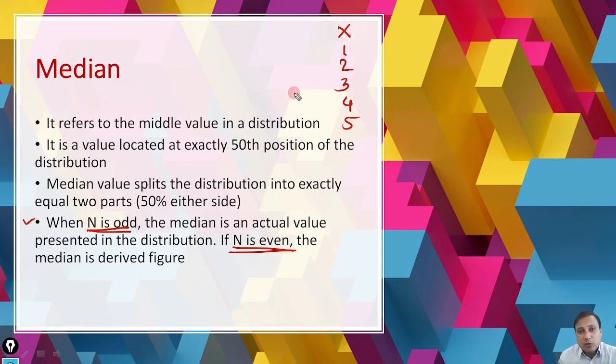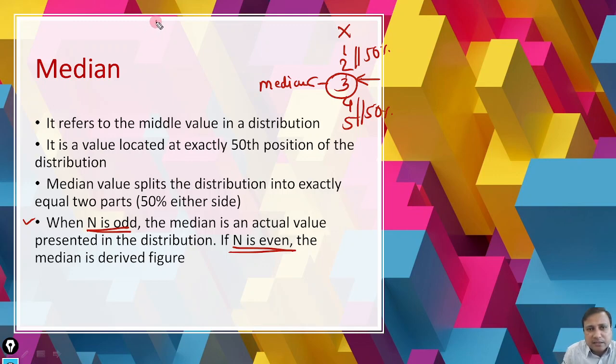We'll see one formula in the upcoming slides, but when I use the formula, I find that 3 is the median, above which there are two numbers and below which there are two numbers. It means here is a 50% distribution and here is a 50% distribution, and this value is exactly at the mid of that data.